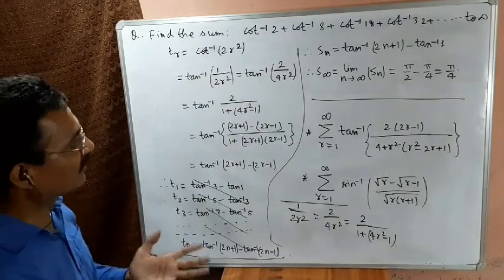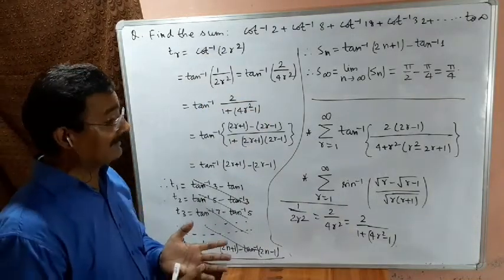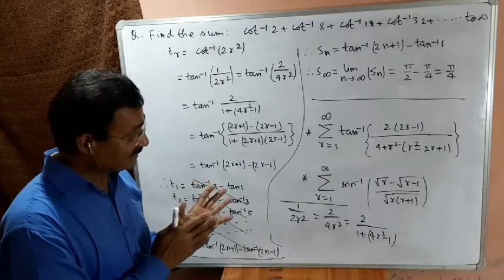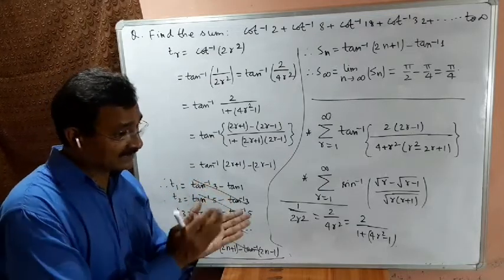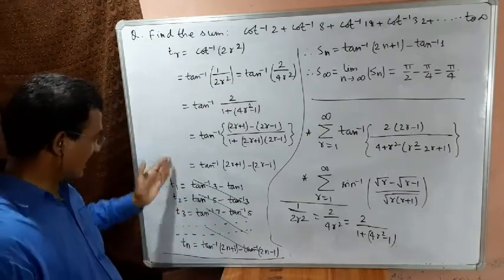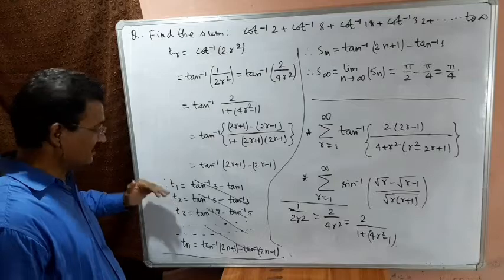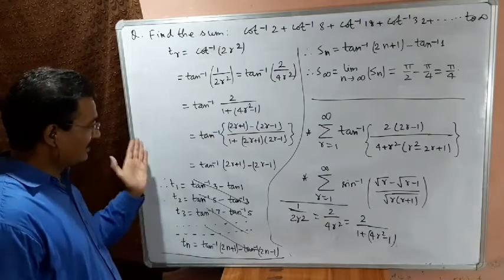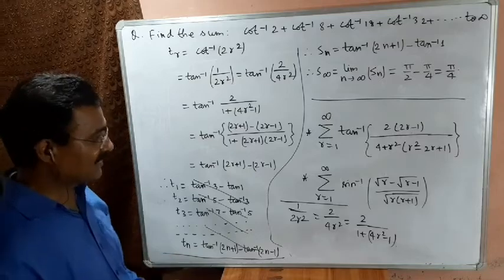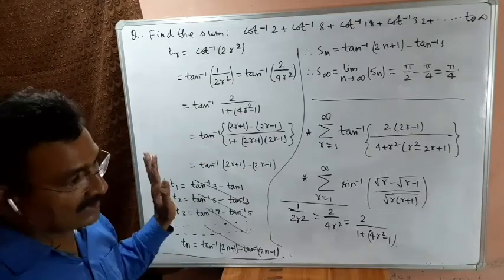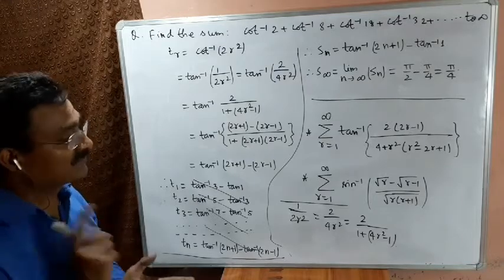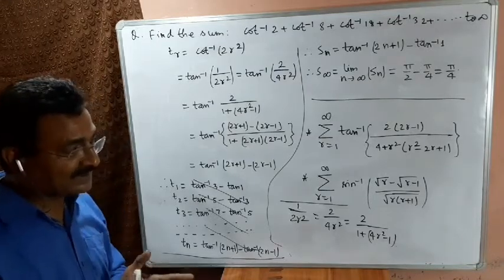We will try to put each term in the form tan inverse x minus tan inverse y, and then put values 1, 2, 3, 4, 5, and on either side the terms will be cancelled out, and finally we will get the sum. If we have to find the sum to infinity, first find Sn and then take the limit of Sn as n tends to infinity.